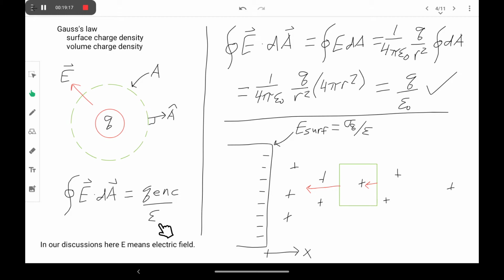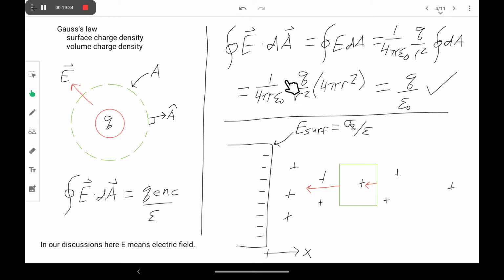Okay, so that is a review or introduction to Gauss's law. We need it in two cases. One, to get something we also know from a first-year physics class, the electric field from the surface of a charged plane.